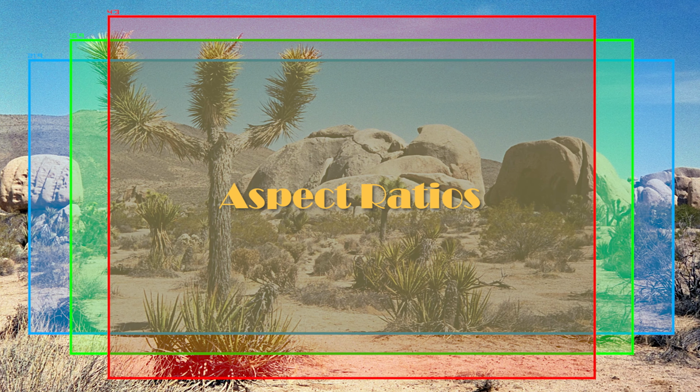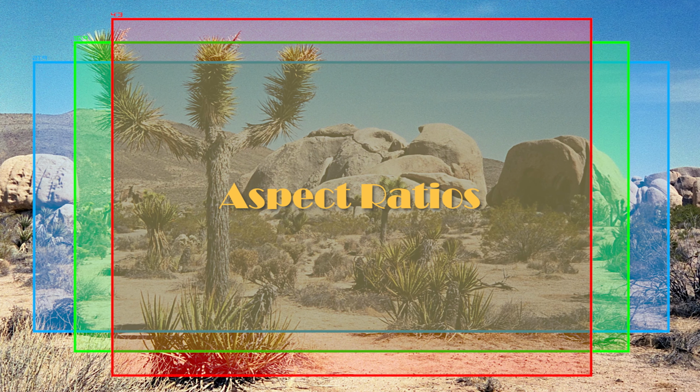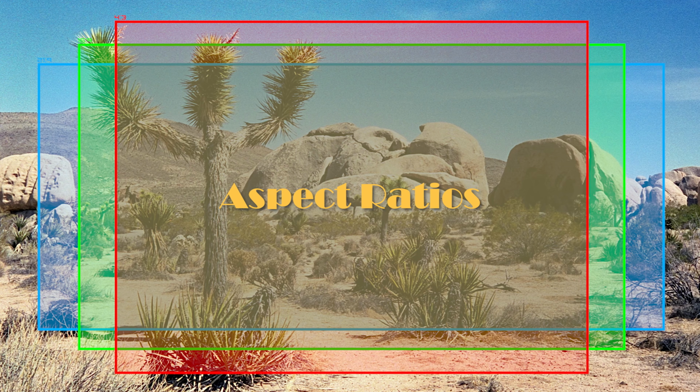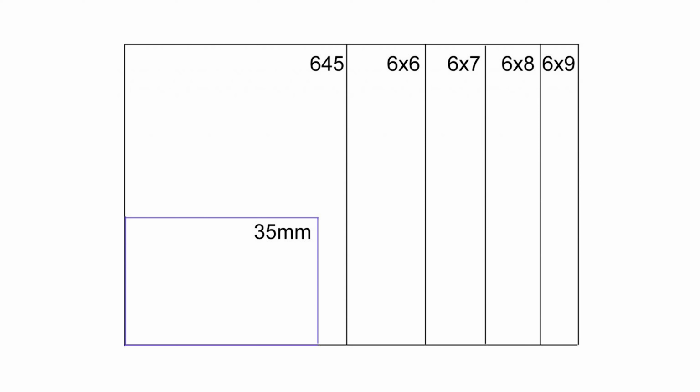So the next glaringly obvious difference between 35mm and medium format is the difference in aspect ratios. Now, with medium format, once again, you have quite a few more options. There are cameras that shoot 6:45, 6:6, 6:7, 6:8, 6:9, 6:17, and it gives you a wide array of different aspect ratios to play with, and that's really cool.